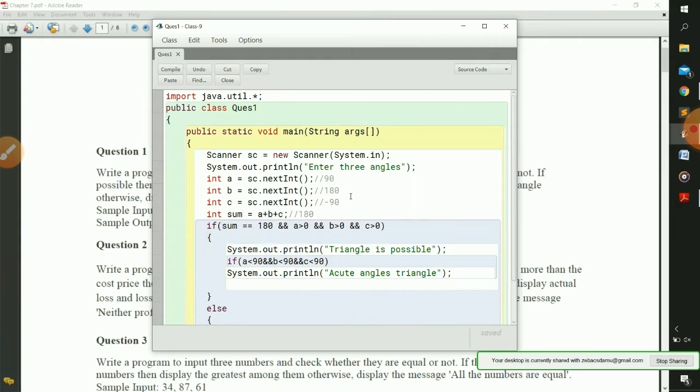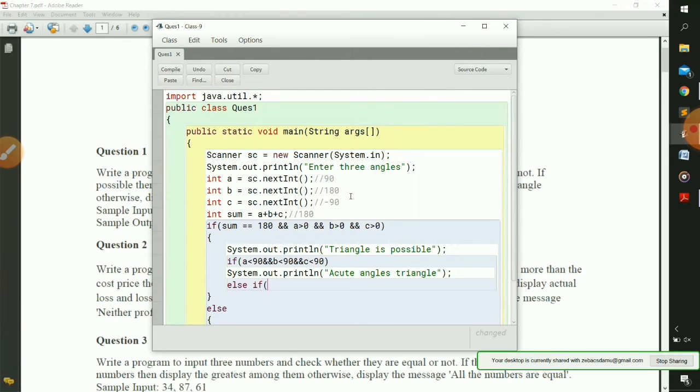Okay, now the second thing we need to check is whether a triangle is a right angle triangle or not. Now to check this particular thing, we need to find out if any of the angles is equal to 90 or not. Okay, so let us use the else if portion here.